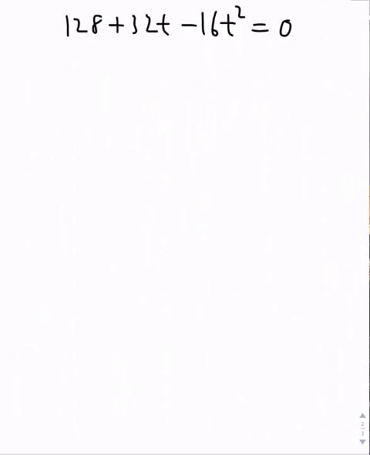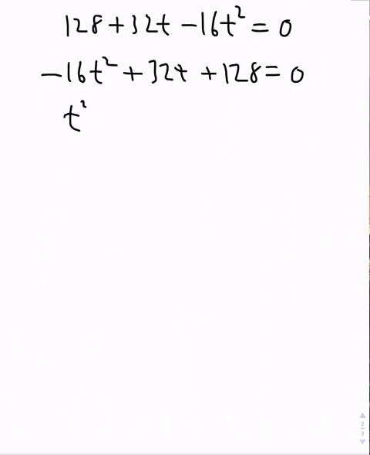It's a quadratic equation. I'm hoping that I can factor it to solve it. So I'm going to write it in descending order fashion, which is what we're used to when we go about factoring. Furthermore, every one of these terms is divisible by negative 16. So I'm going to go ahead and divide both sides by negative 16.